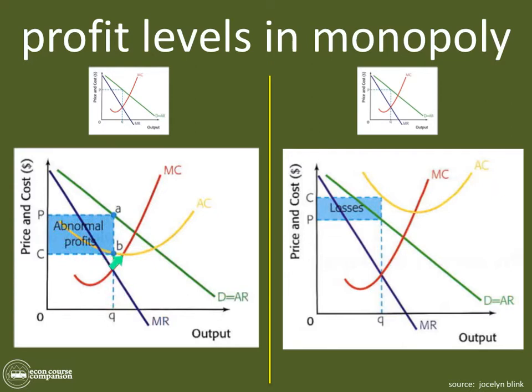Just make sure that the lowest point of the average cost curve is where it crosses the marginal cost curve. That's important. And then you take that level of Q, you extend it up, and boom, this is your abnormal profit, PABC.